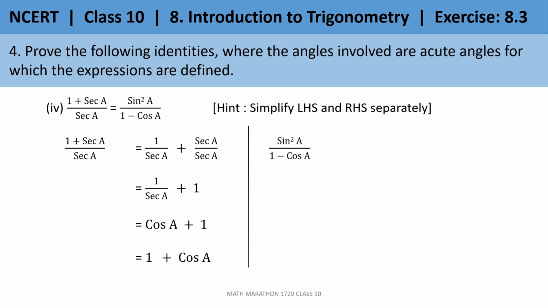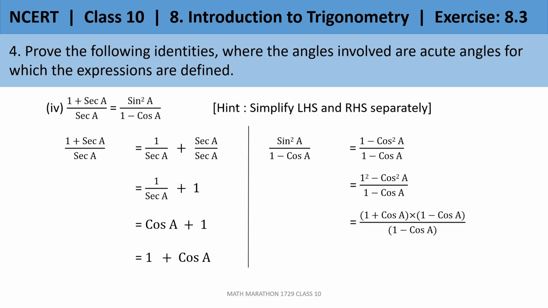Let us proceed with the right-hand side. Sin square A by (1 minus cos A). We know that sin square A plus cos square A is equal to 1. So, sin square A is equal to 1 minus cos square A. Is equal to (1 minus cos square A) by (1 minus cos A) is equal to (1 square minus cos square A) by (1 minus cos A) is equal to (1 plus cos A) multiplied by (1 minus cos A) by (1 minus cos A).